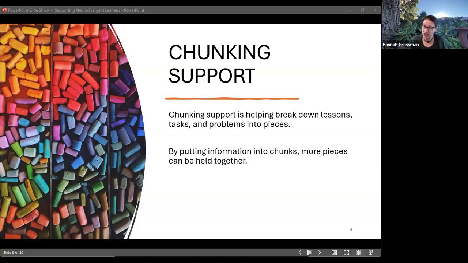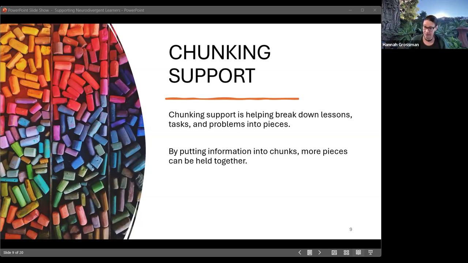Chunking information into bits and pieces and boxes is one of our most important cognitive tasks. Learners, when they're new with information, are not as good at breaking down information into different bins to remember it.